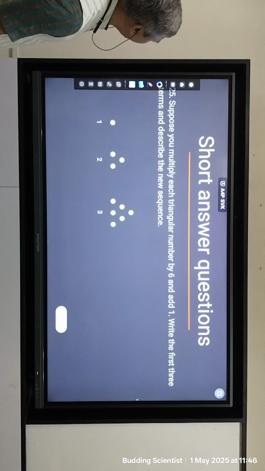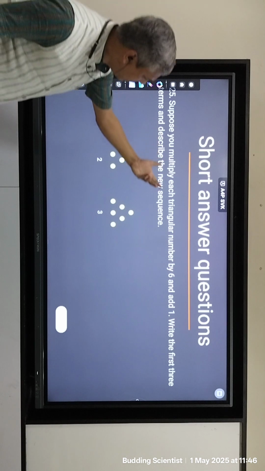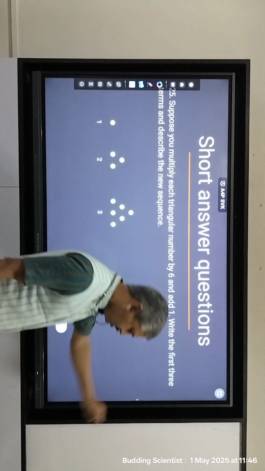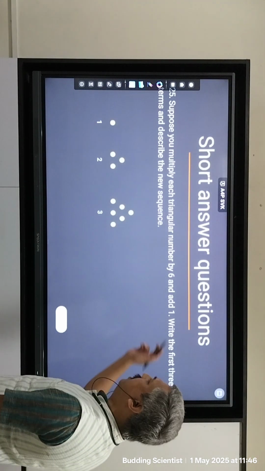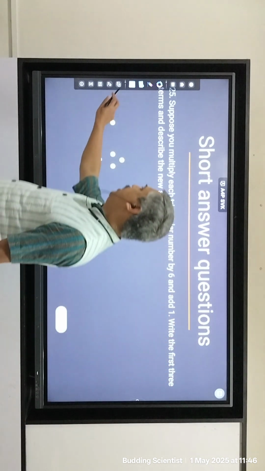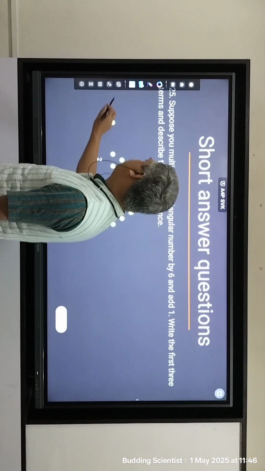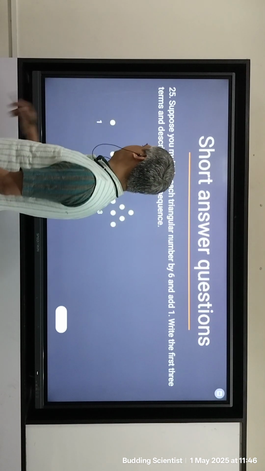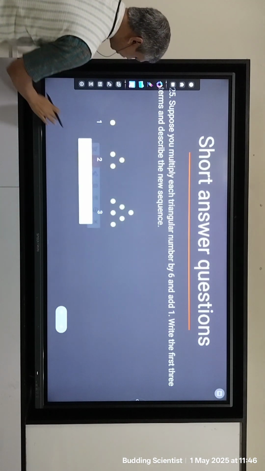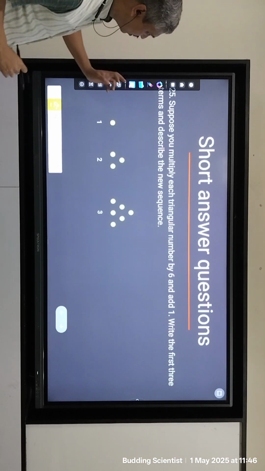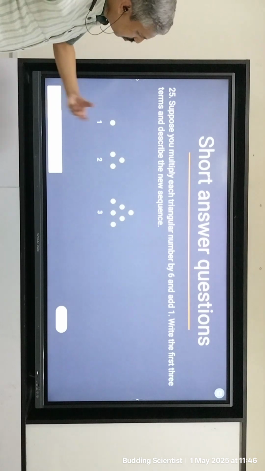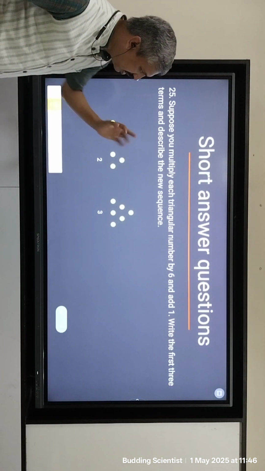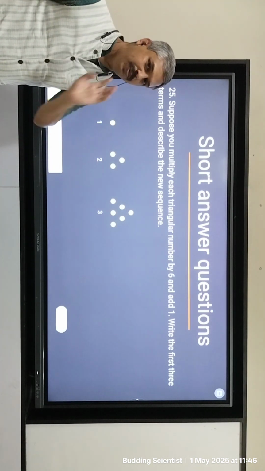Last question, 25. Suppose you multiply each triangular number by 6 and then add 1. Write the first 3 terms and describe the new sequence. What are we supposed to do? We are supposed to take the triangular sequence. Then each number is multiplied by 6 and then 1 is to be added.